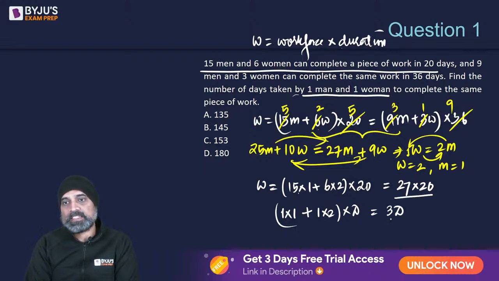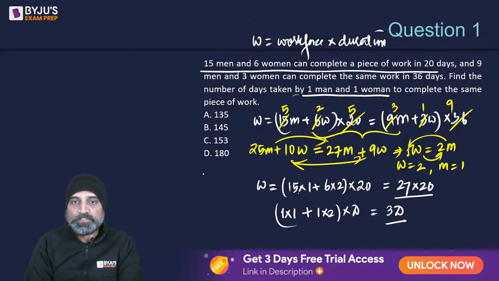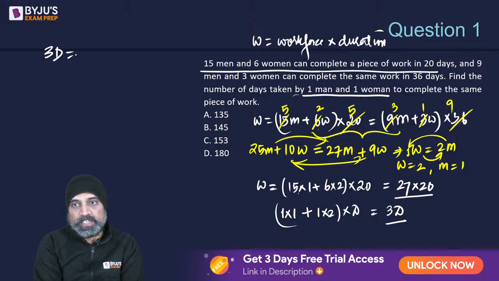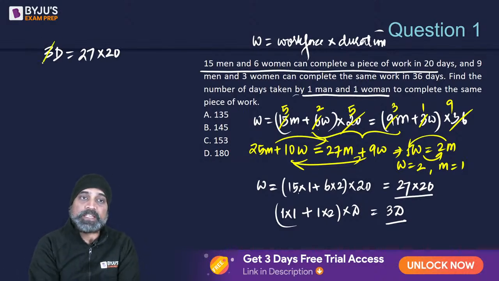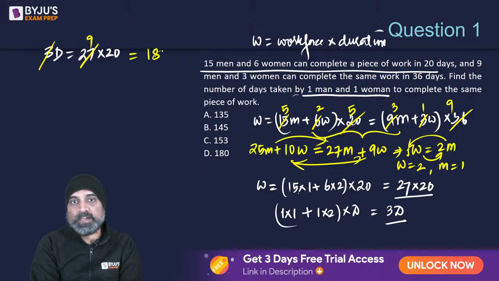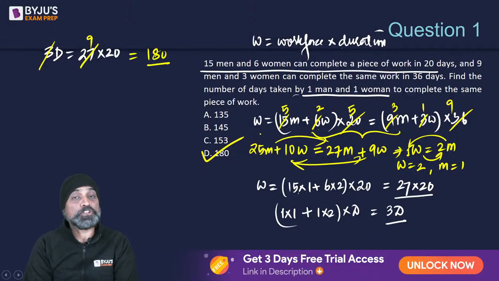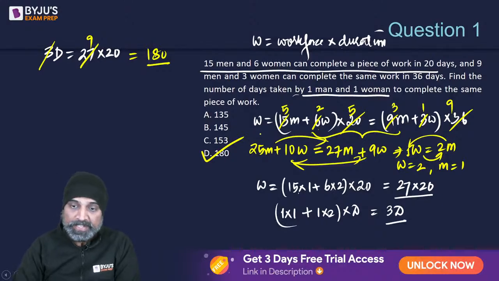So we can say that 3d is equal to 27 into 20. Now we can cancel out 3 with 27 because 27 is 9 into 3. So we will have 9 into 20, that is going to be 180. So the answer is going to be option D, right?